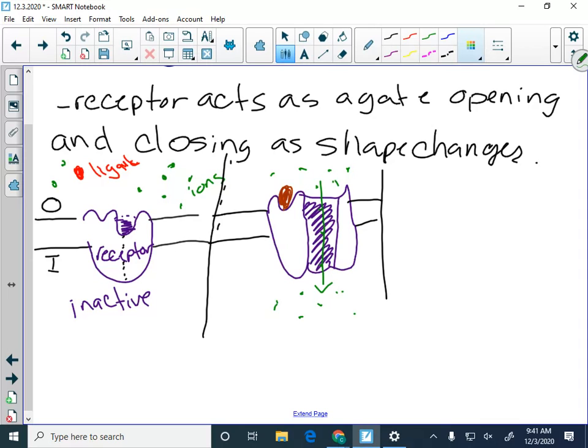So, like a key in a lock, ligand fits into the receptor. Receptor changes shape, opens up, and allows ions in. Those ions will then trigger a cellular response.